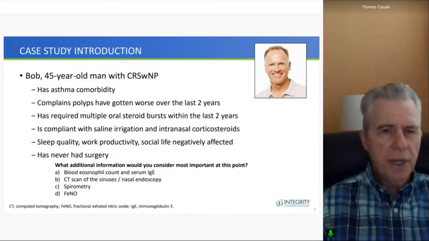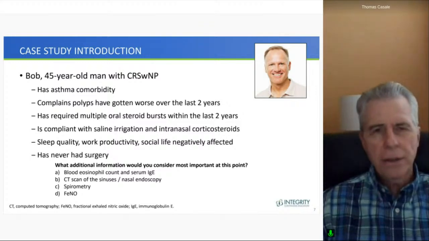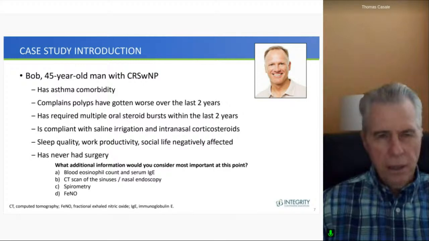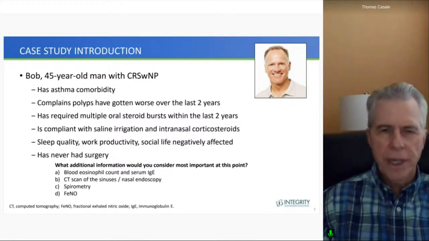You might get a blood eosinophil count if you think that that will help you characterize the patient and allow you to make a more rational approach towards picking a biologic. Serum IgE by itself doesn't really help.